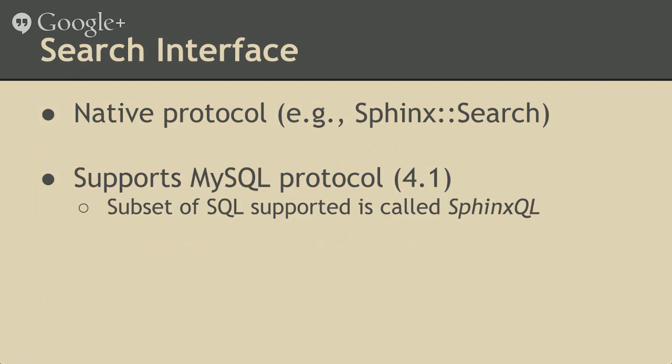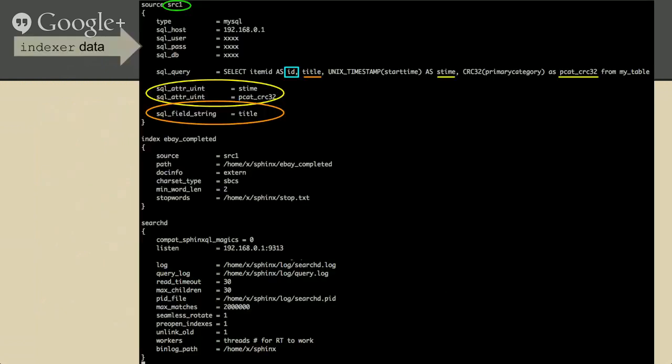And it actually even supports insert, update, these sorts of things. And when you issue those through the MySQL protocol to the searchd, you can actually modify the index that's inside of that's running. So you can kind of dynamically update it if you want or modify it.